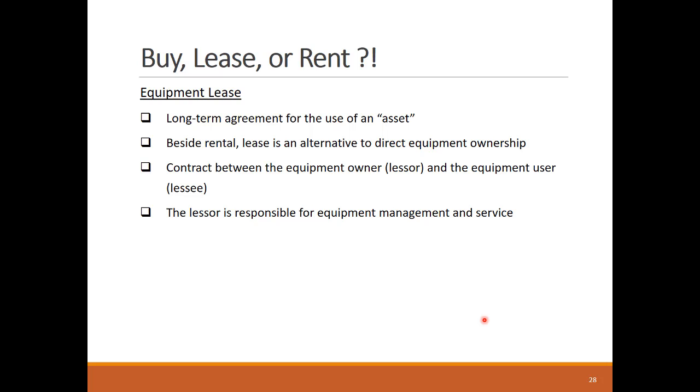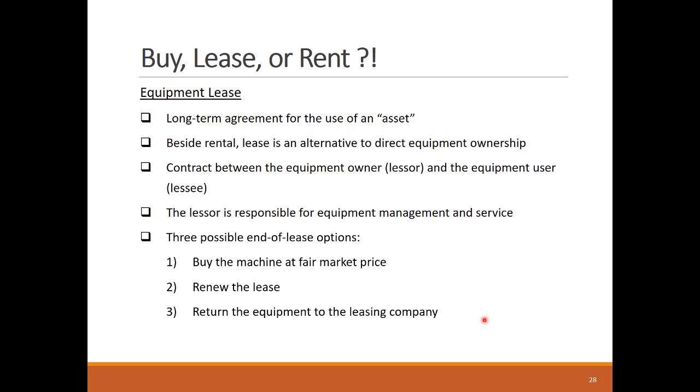For the same equipment, it will cost the construction company less to lease it than to rent it, especially for a long lease agreement. Also, the construction company's most benefit comes from the fact that usually it's relieved from the equipment maintenance and repair, as the leasing company will provide the necessary servicing within the reasonable usage of the equipment.